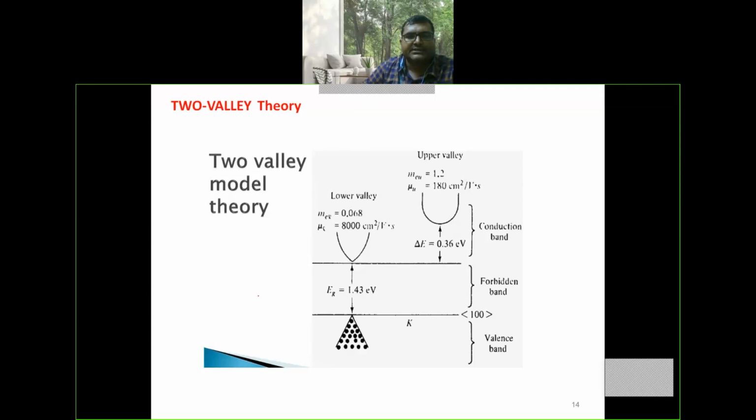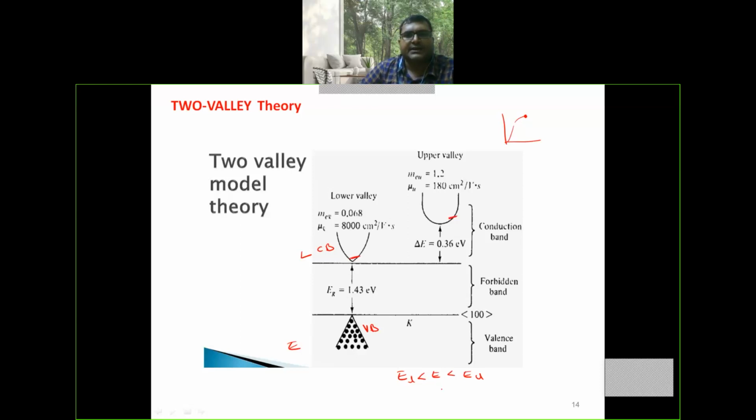The next is two-valley model theory. When some electric field is applied, the electrons will move from the valence band to the lower valley of the conduction band. Now here, if we observe the mobility of the electrons, the conduction current starts increasing up to a certain point, and after reaching a certain point, if the applied electric field is above the lower valley and greater than the upper valley, this is the position of the lower valley, this is the position of the upper valley.